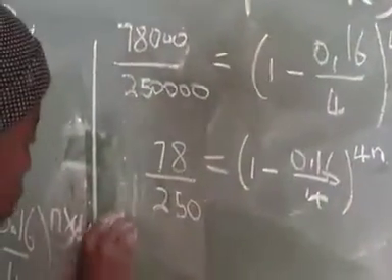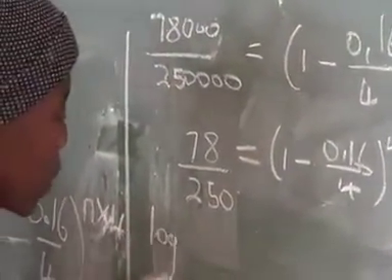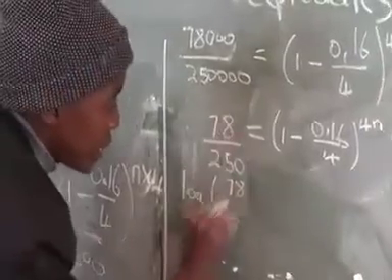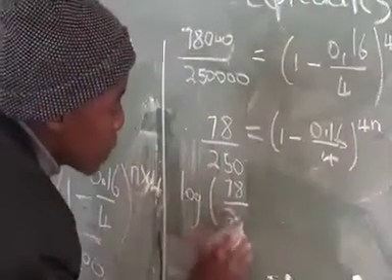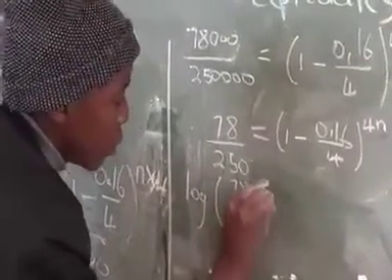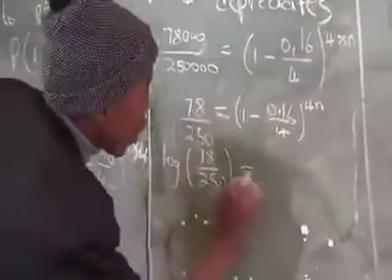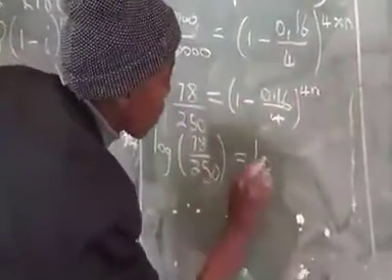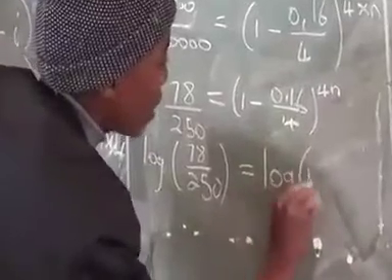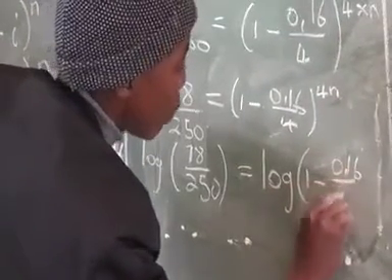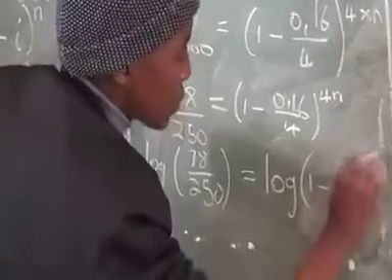So it's log of 78 divided by 250, then you lose the bracket, equals log of (1 minus 0.16 over 4) to the power 4n.